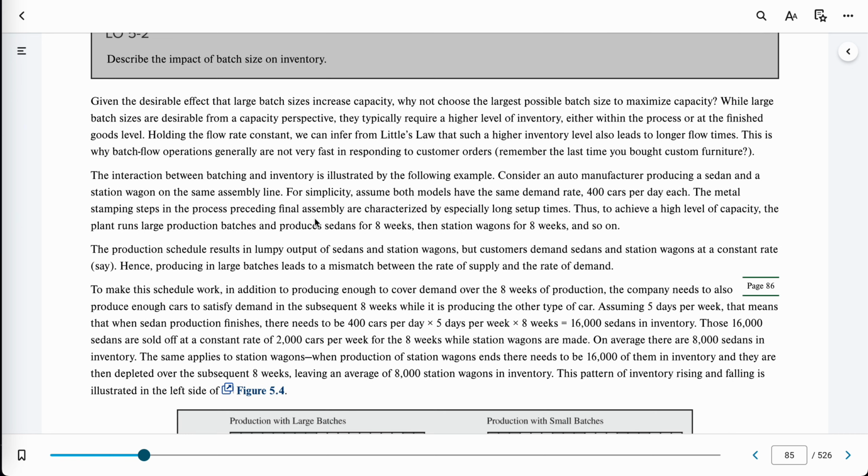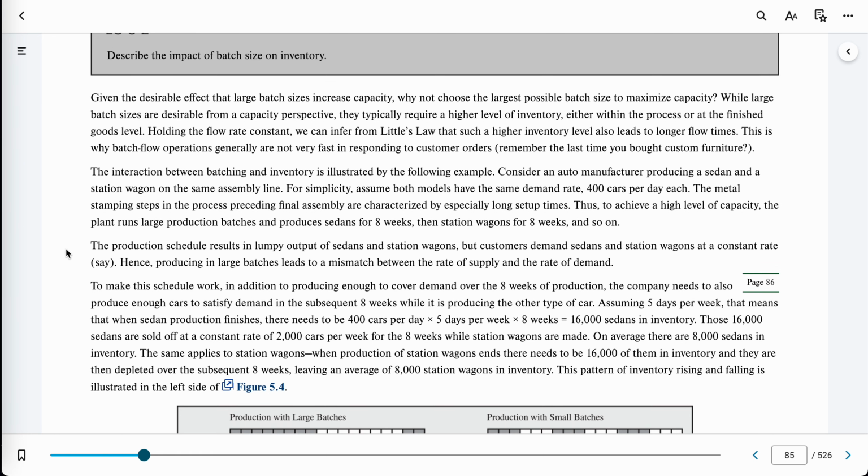Let's say the demand is the same, 400 cars per day. You have the same metal stamping process needed in the final assembly, and it requires especially long setup times. Just to achieve a high level of capacity, the plant runs production batches of sedans for 8 weeks, and then 8 weeks for station wagons, and so on. So they do 8 weeks for sedans and switch over, then 8 weeks for station wagons, and so on.